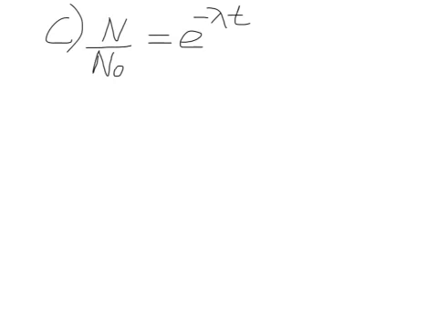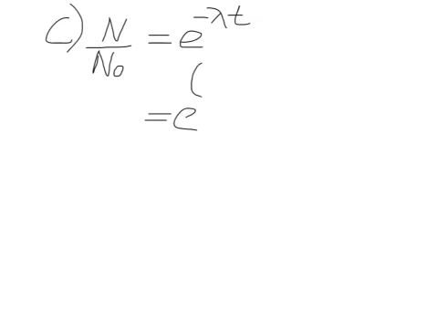Part C of this question, how much of this remains after 1,000 years? So the fraction remaining after any particular time t is N over N naught, and that of course is equal to e to the power of minus lambda t, and we have lambda, and now we just need to make sure we convert 1,000 years into seconds again.